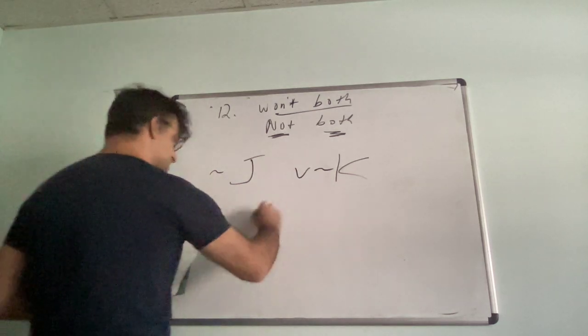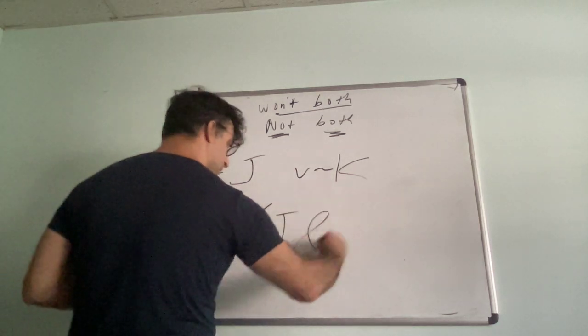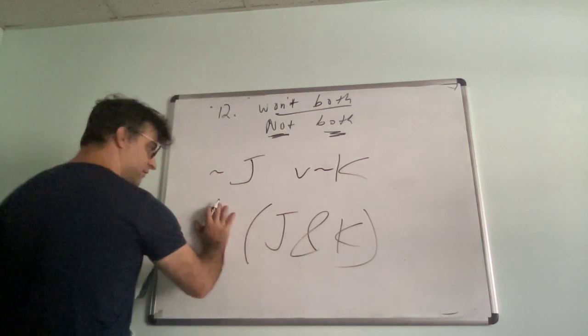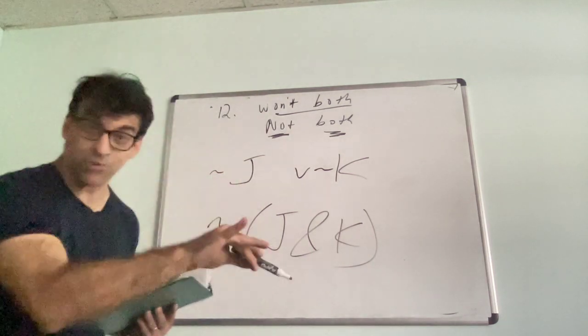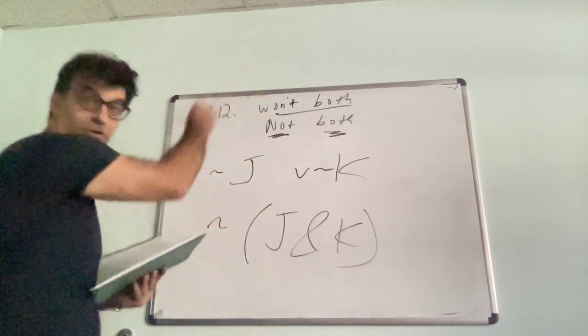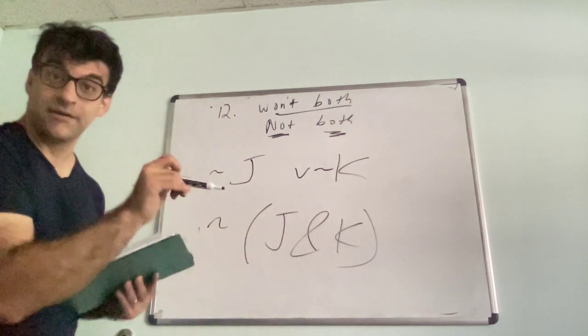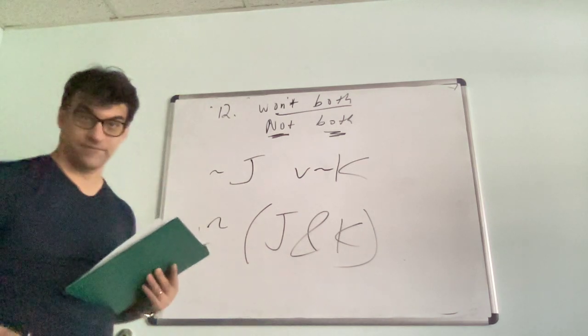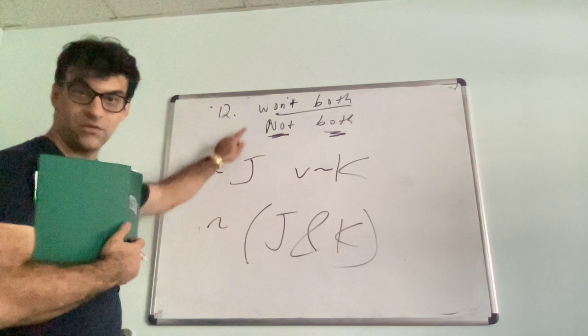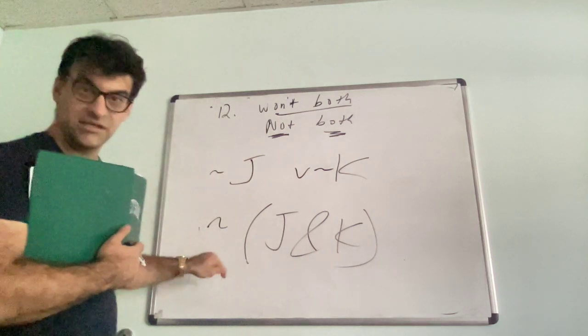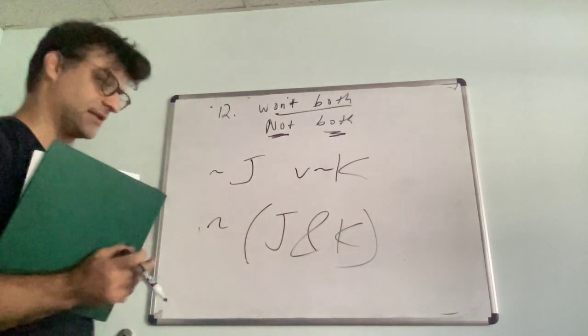Or you could represent it this way. Will they both be there? No. But this does not say that both will be missing. Both of these are compatible with one or the other being there. One's not there, not both there. Won't both be there. Either one of these is acceptable.